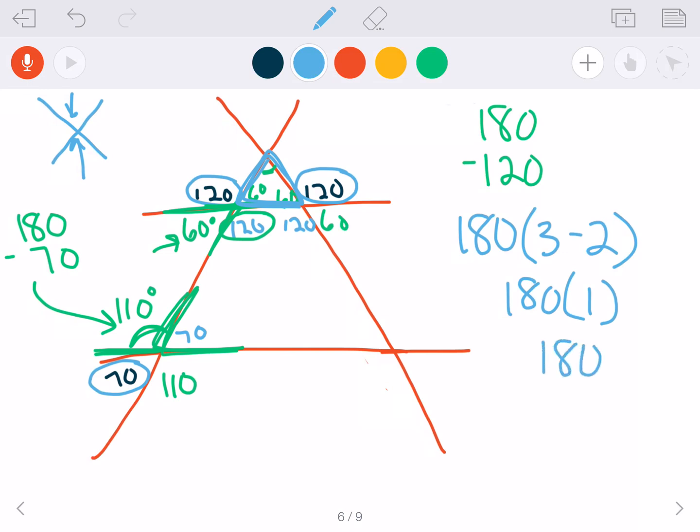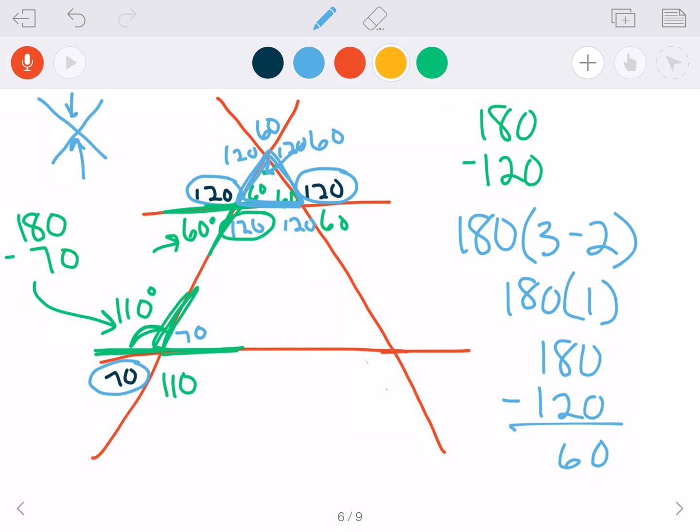So if I know 60 plus 60 is 120, to find that missing angle, we're going to subtract those off. So this top angle here is 60, which means this one's also 60. We've got 120 and 120.